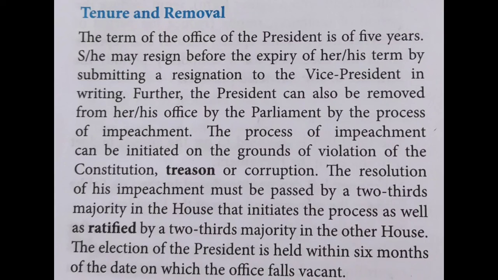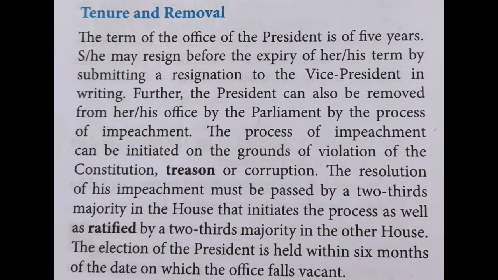He or she may resign before the expiry of the term by submitting a resignation in writing to the Vice President. In case of a health issue or any emergency, he may resign before the expiry of his or her term.